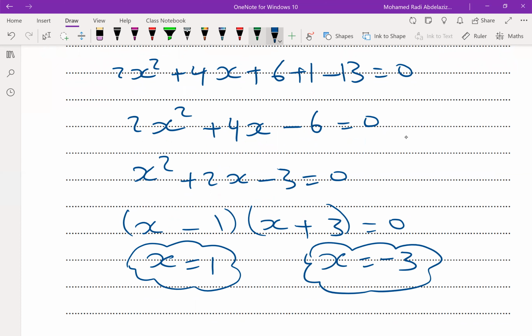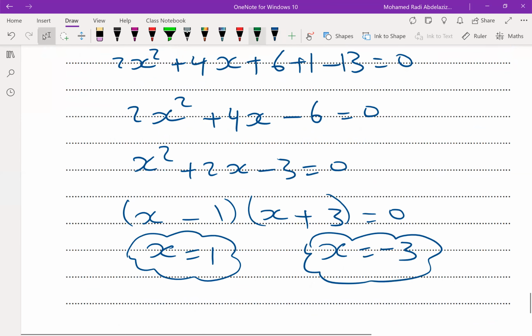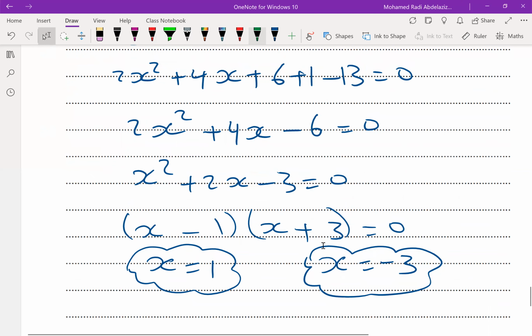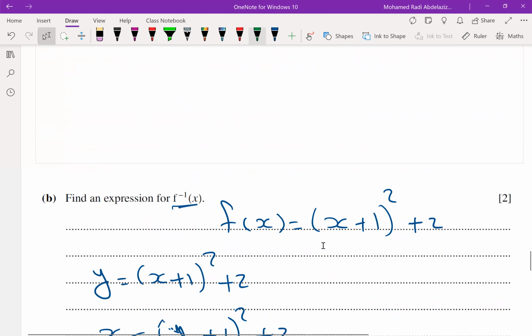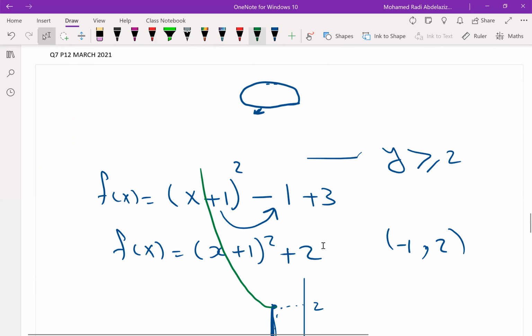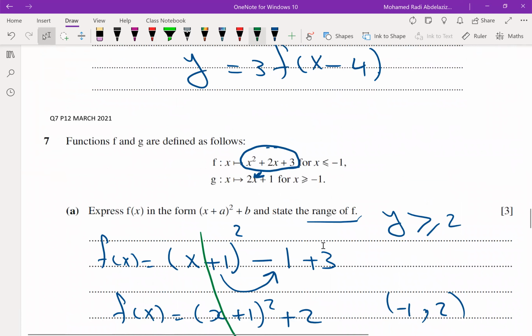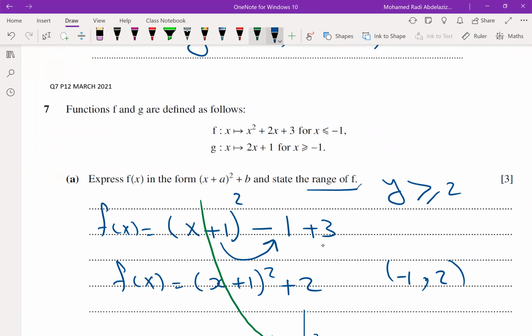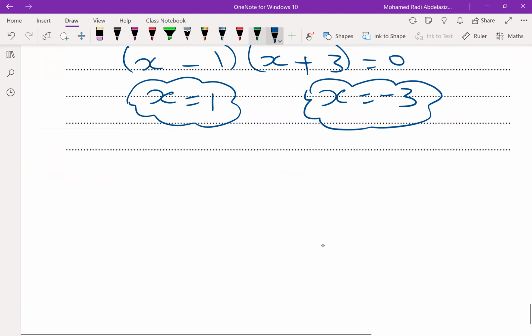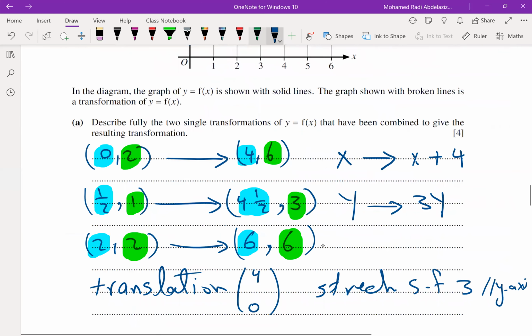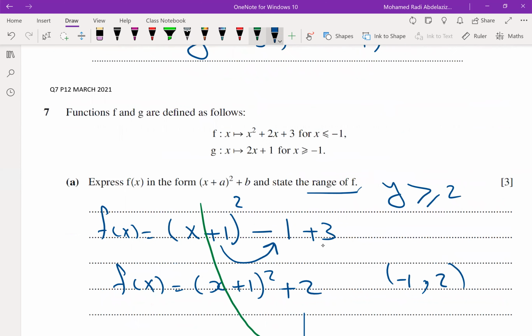We have now two solutions: x is equal to 1 and x is equal to -3. But you have to go back to the domain of f and g. For x is equal to 1, when we combine this function to form gf(x), we start from f(x).